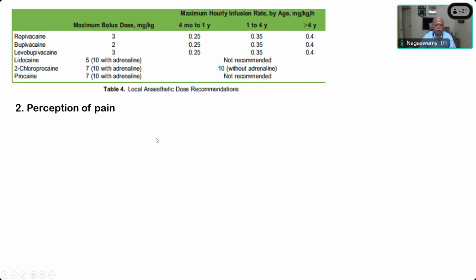And perception of pain in pediatric patients. This is another point that we have to discuss: C fibers are fully functional from early fetal life itself. Earlier, they were all thinking that neonates do not perceive pain because C fibers are not fully developed.